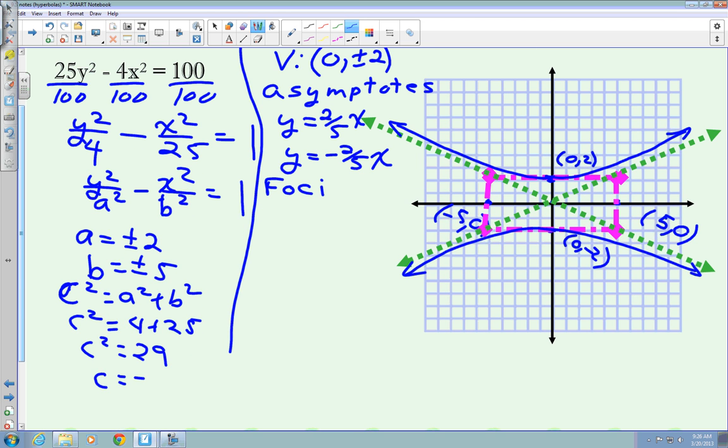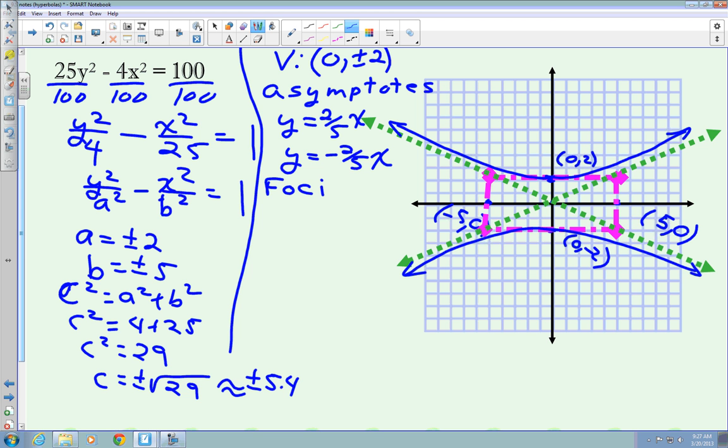So c is plus or minus the square root of 29. So that's where that calculator is going to come in. If it doesn't come out nice, we're going to find a decimal. What is the square root of 29? 5.4? So plus or minus 5.4.